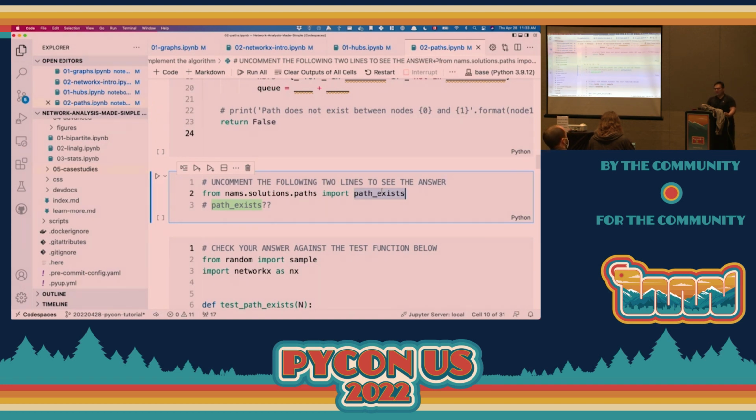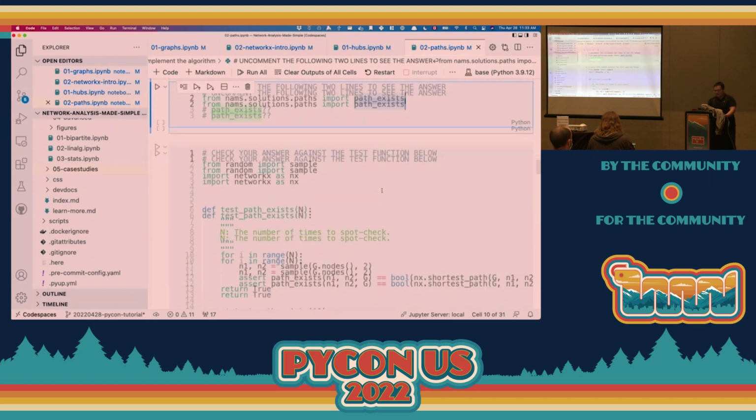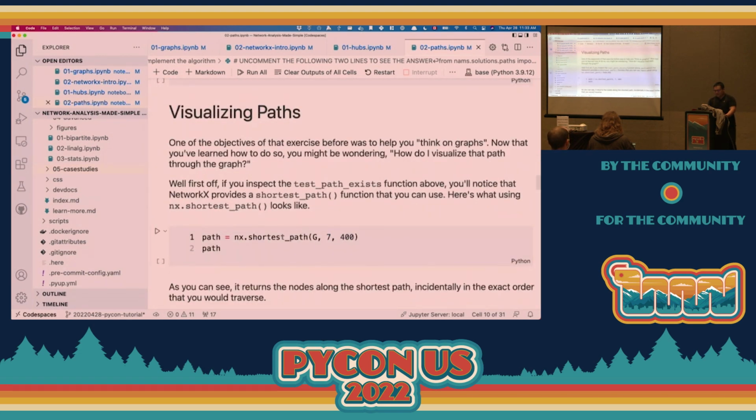And if you wanted to solve the path exists problem, NetworkX actually has a function called shortest path, which will implicitly give you whether a path exists between two nodes or not. So you don't actually have to know how to implement the breadth first search, and you don't actually have to implement the breadth first search over and over in your own work.